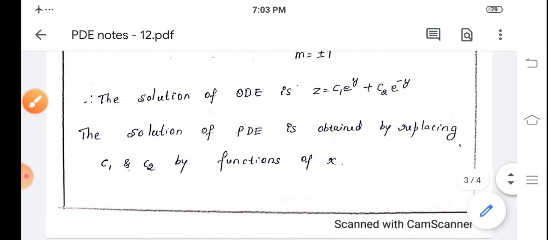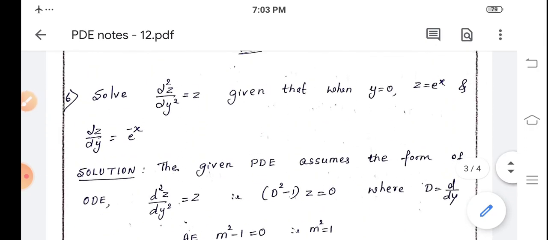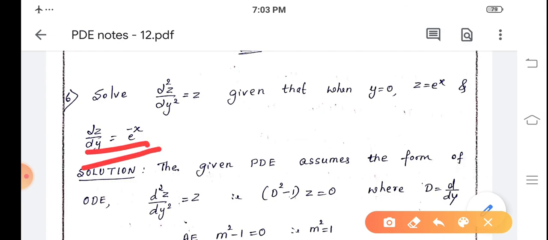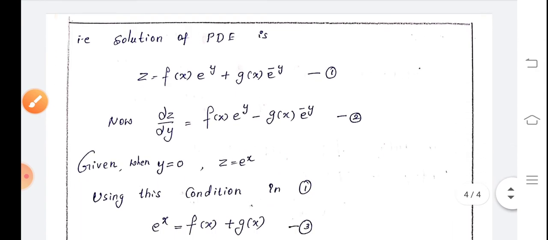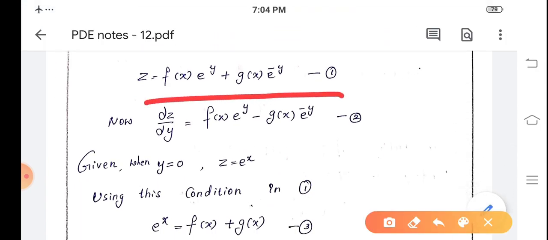Now, in the problem, we have the initial condition for ∂z/∂y. To apply this condition, we require ∂z/∂y, that is the partial derivative of this with respect to y.